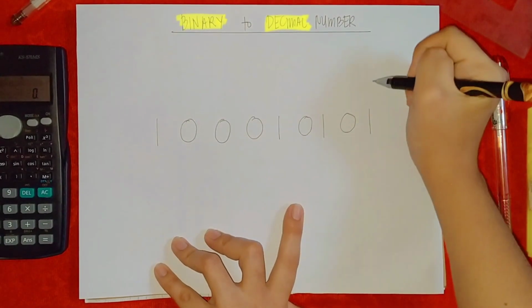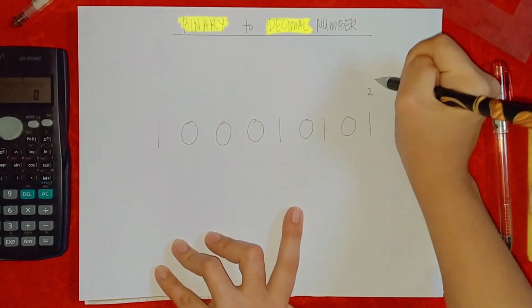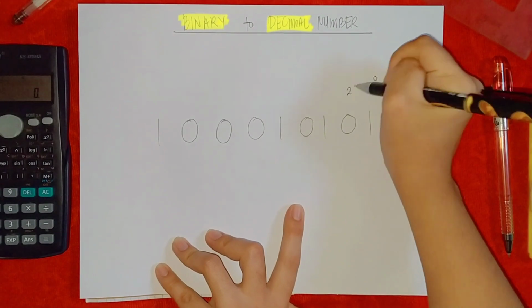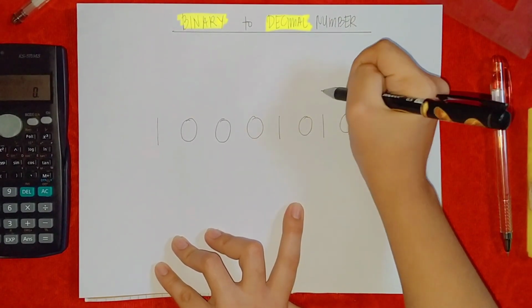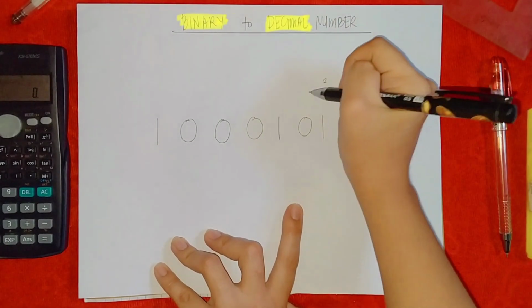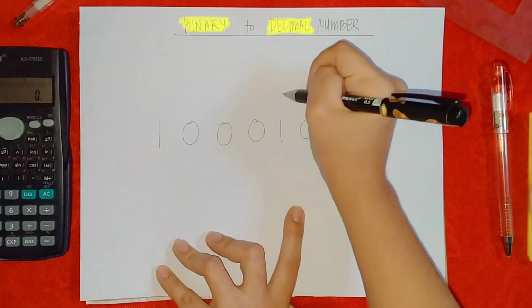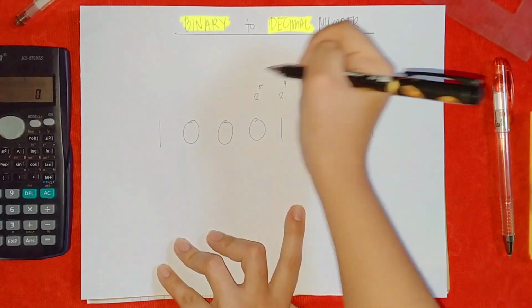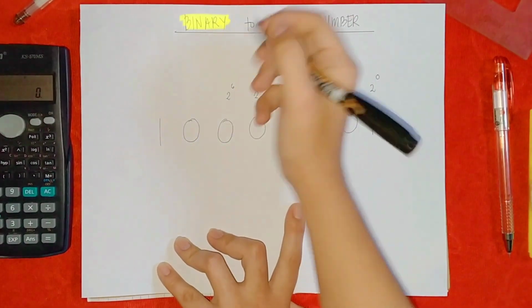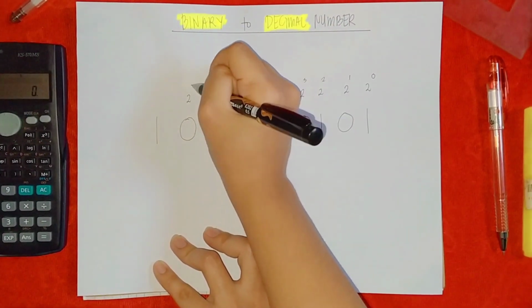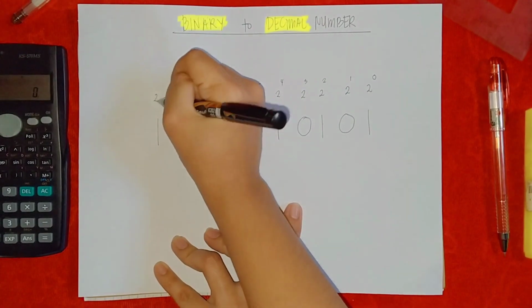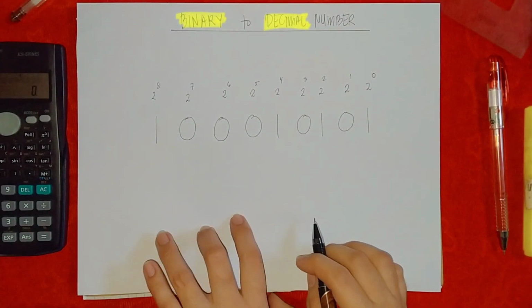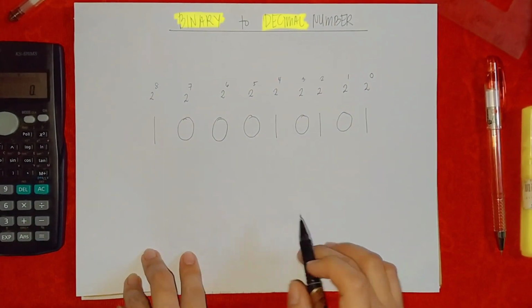The first value is 2 to the 0 power, 2 to the first power, 2 to the second power, 2 to the third power, 2 to the fourth power, 2 to the fifth power, 2 to the sixth power, 2 to the seventh power, and lastly 2 to the eighth power, and multiply.